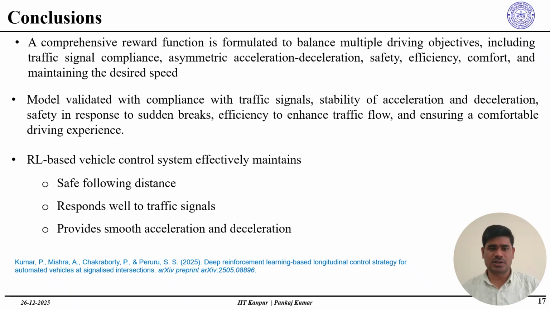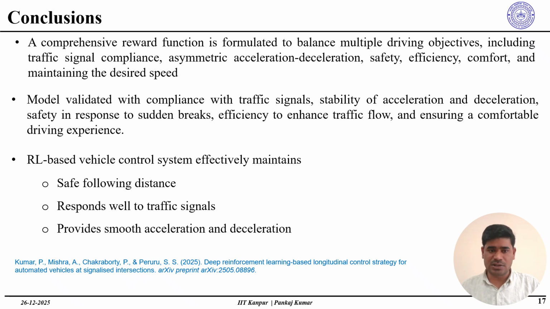Now we move to the conclusion. We have formulated the reward function for multiple driving objectives, including traffic signal compliance, asymmetric acceleration and deceleration, safety, efficiency, comfort, and maintaining the desired speed. Second, the model was validated for compliance with the traffic signal, stability of acceleration and deceleration, and safety in response to the leader vehicle, and is effective to enhance traffic flow and ensure a comfortable driving experience.